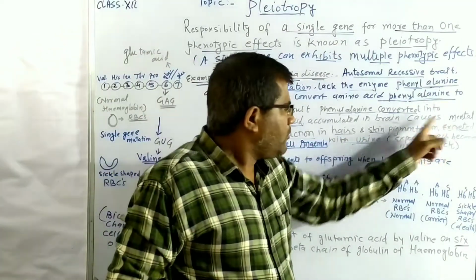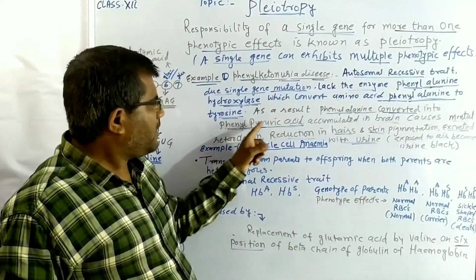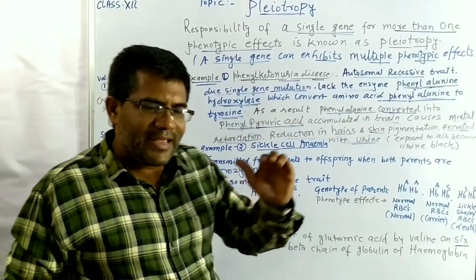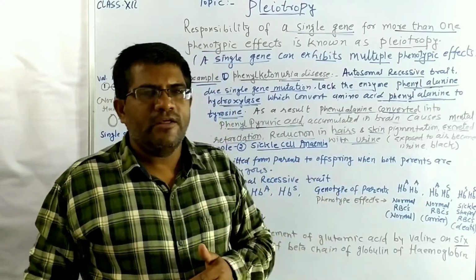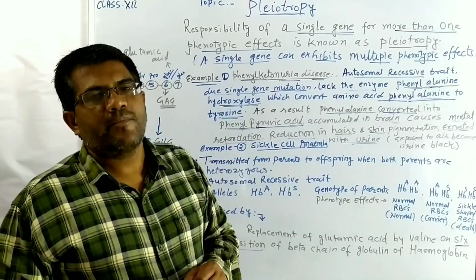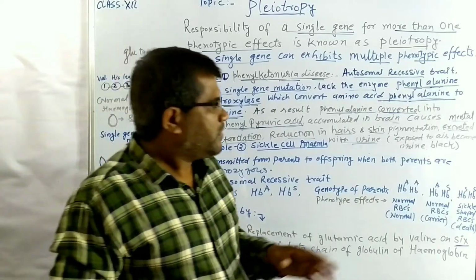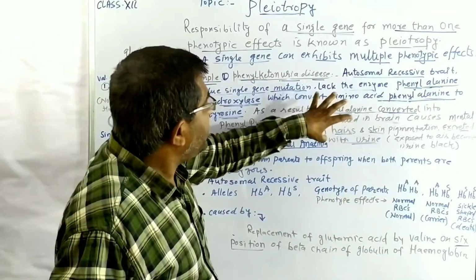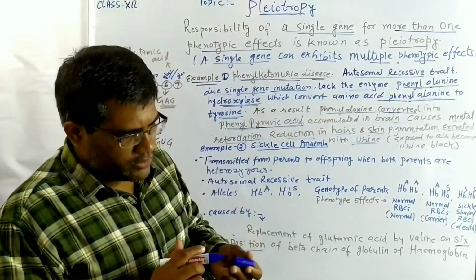Along with the urine, phenylpyruvic acid is excreted, and on exposure to air it turns black. So this is an example of pleiotropy.